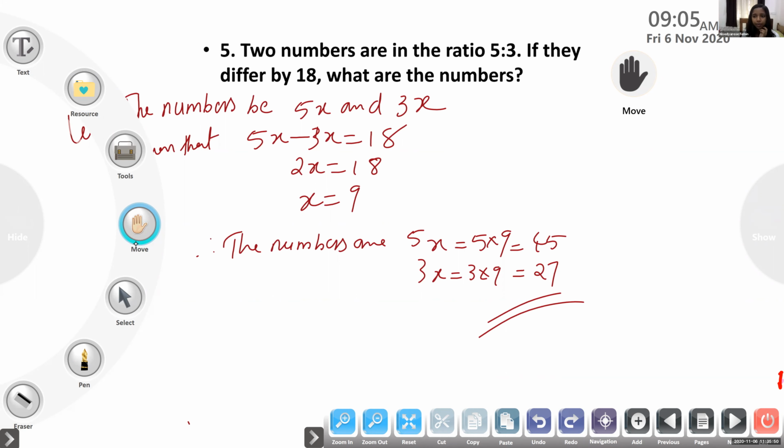And someone is unmuted, that's right. Over, Isha?